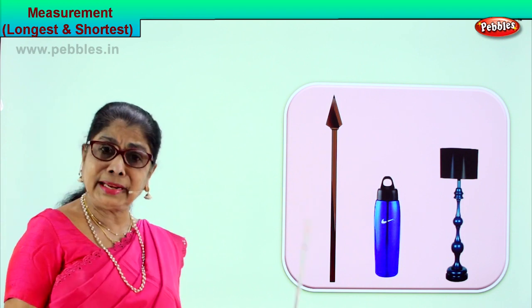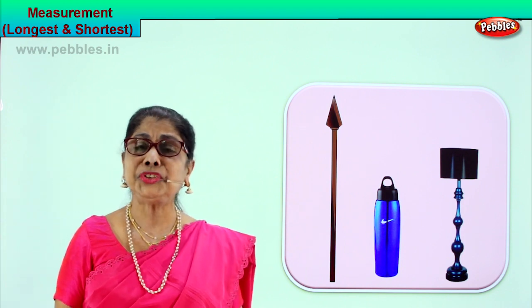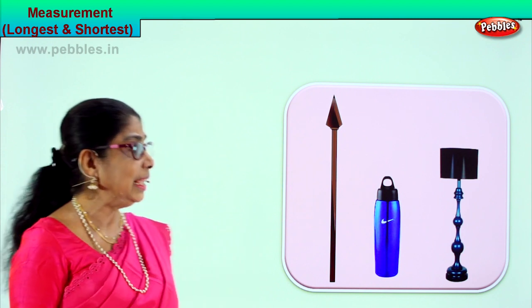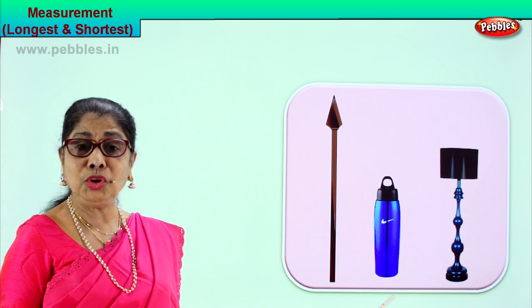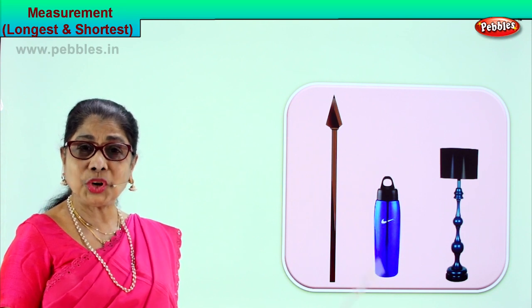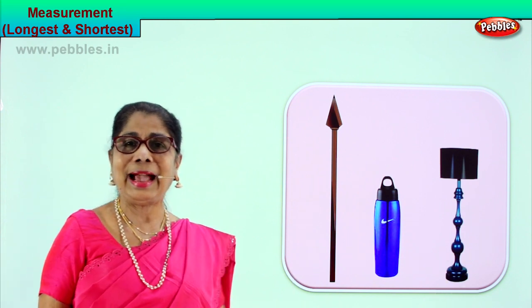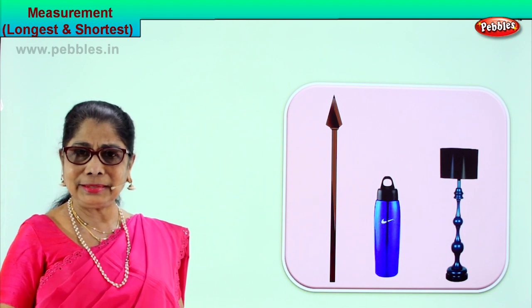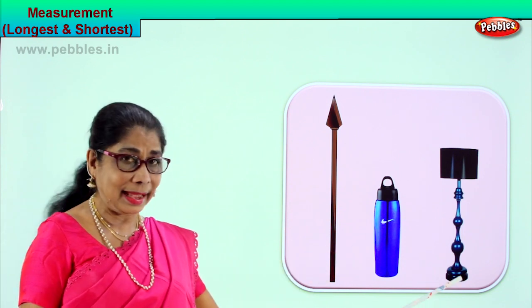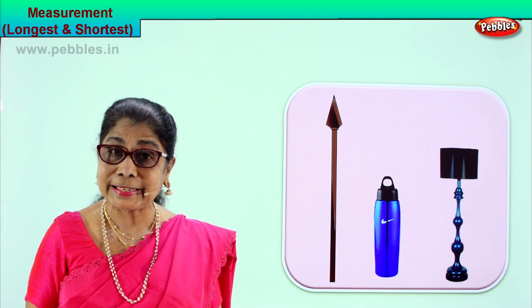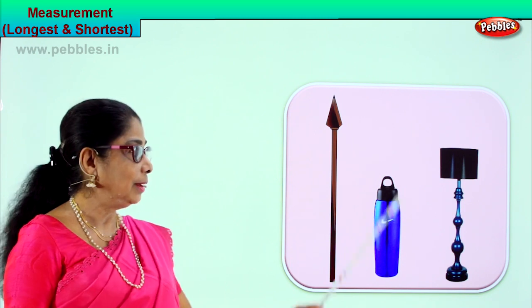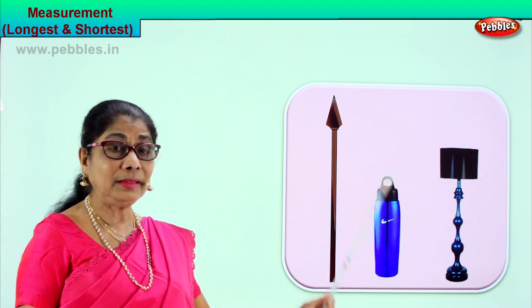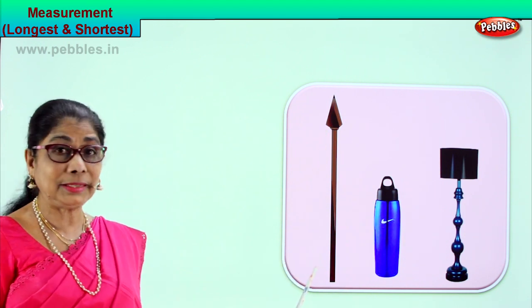Now, of the three items, which is the shortest? Observe and see. Look, open your eyes. Certainly, the bottle, your water bottle, is the shortest of the three items. And the next tall item is the stand, and the tallest of the three items, or longest, is this, the sphere.